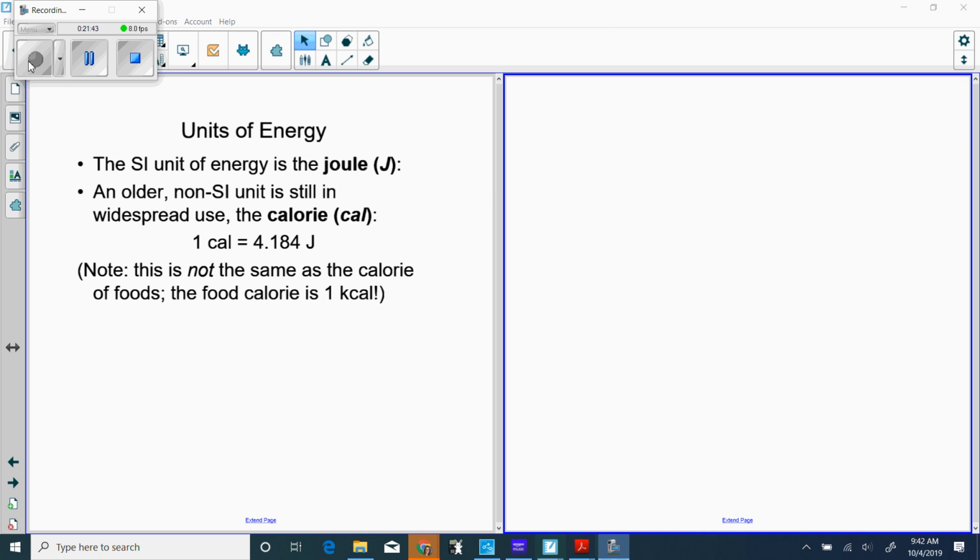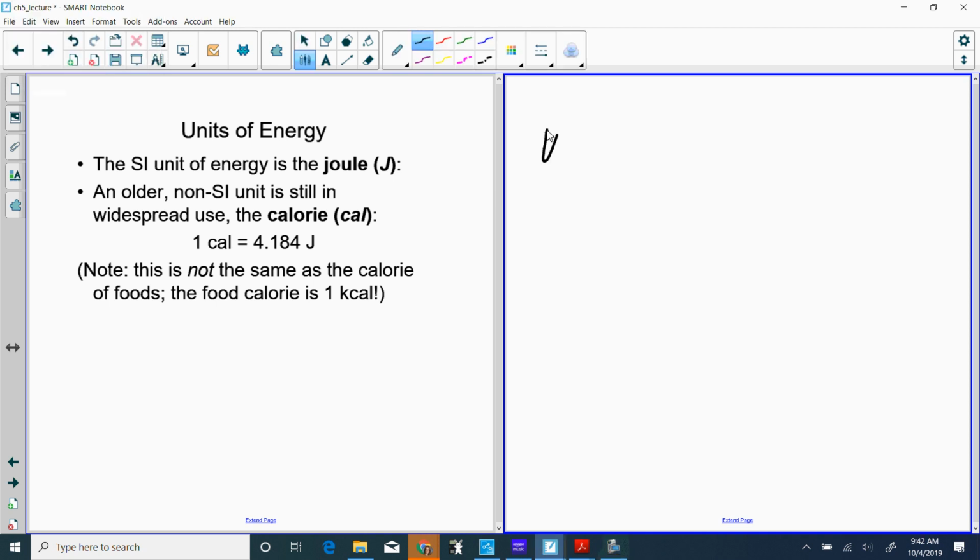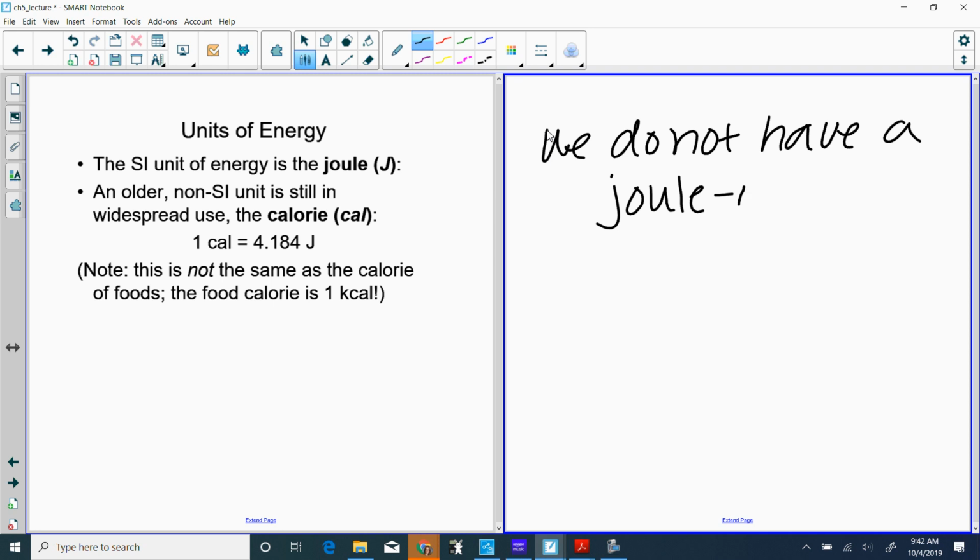Okay, units for energy. They are called joules. We do not have a joule-o-meter. We cannot measure energy. We can only calculate it. So we're going to do a bunch of different ways to calculate energy.